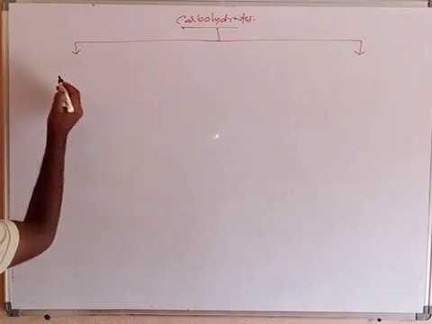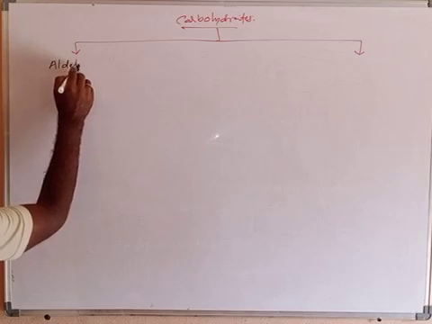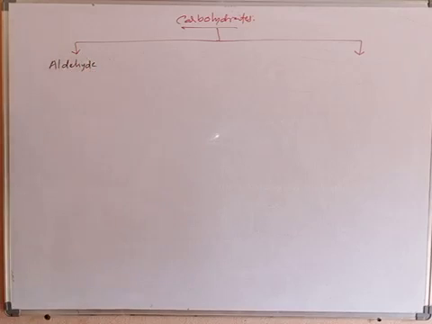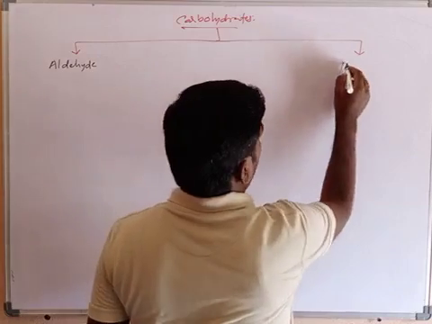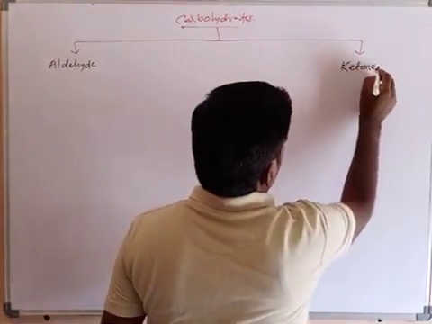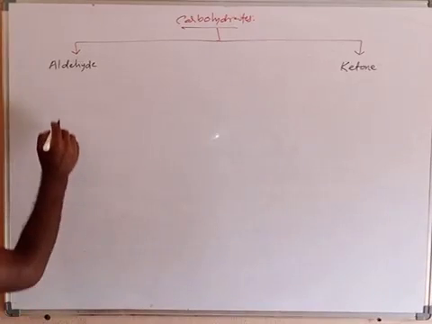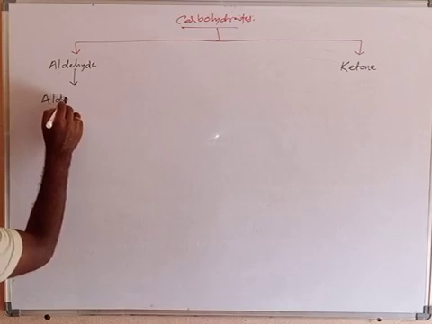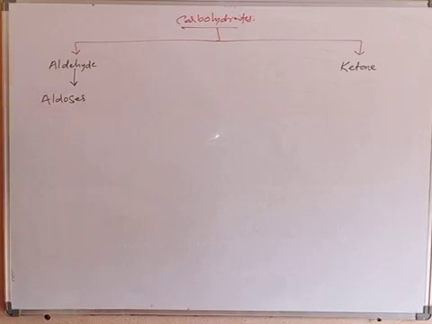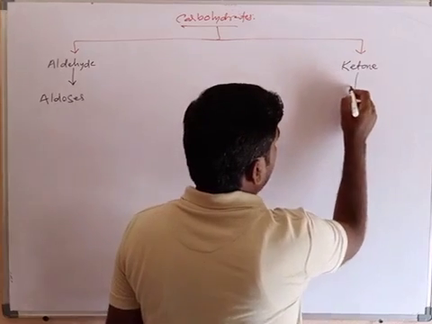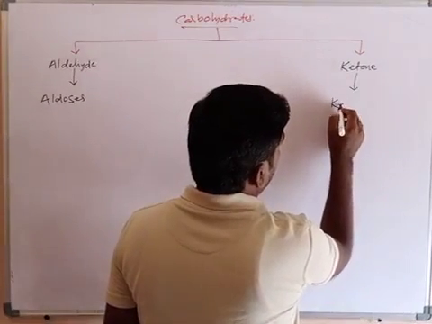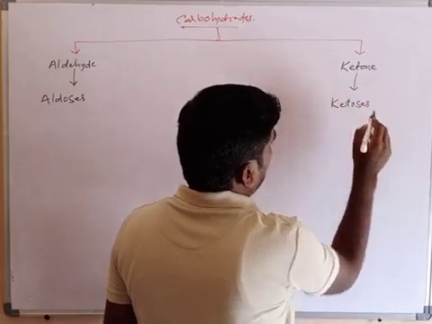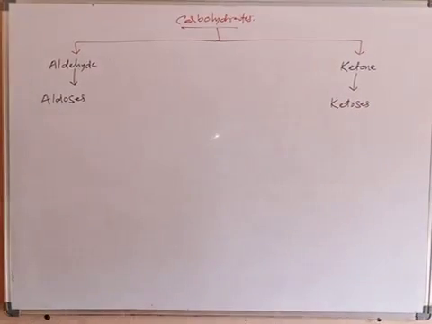For example, aldehyde is a functional group. Another one, ketone, is a functional group. The carbohydrates which contain an aldehyde functional group are called aldoses. The carbohydrates which contain a ketone functional group are called ketoses. Aldoses contain the aldehyde group, ketoses contain the ketone group.